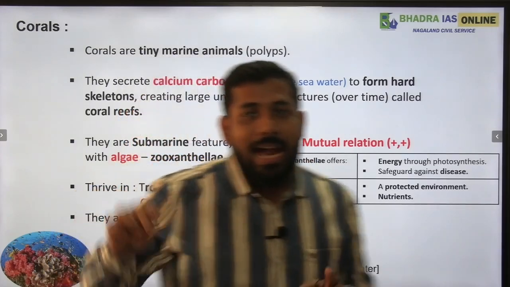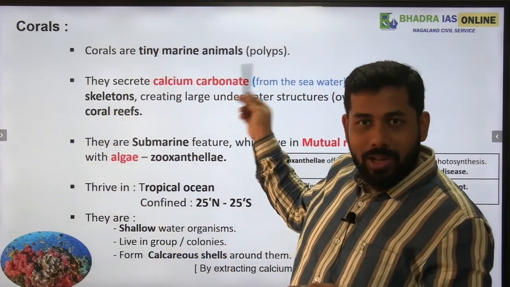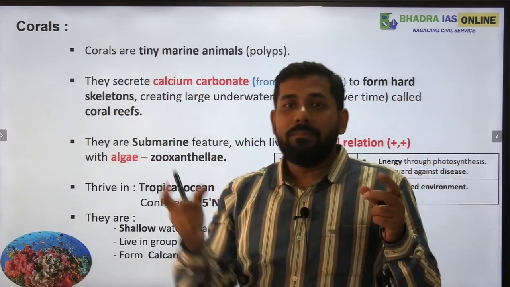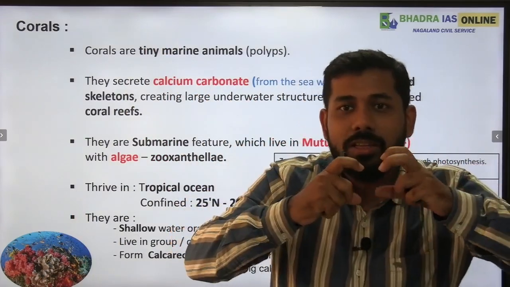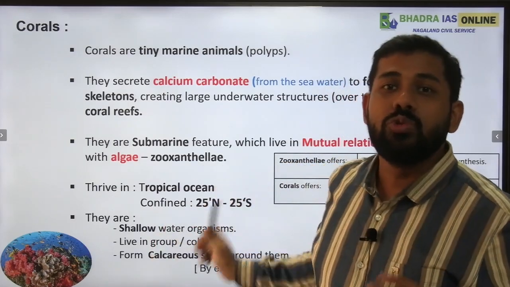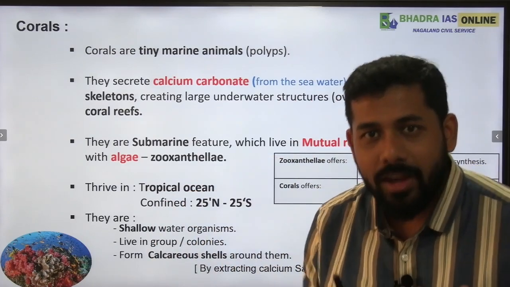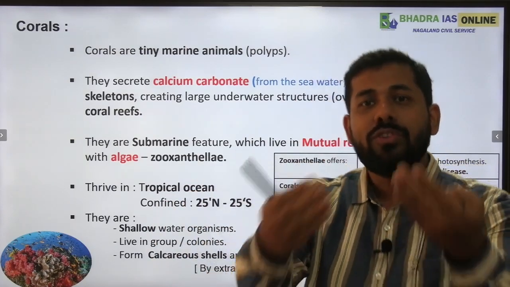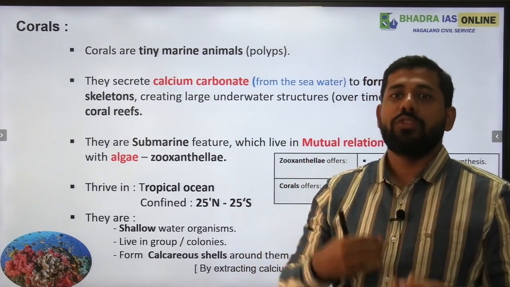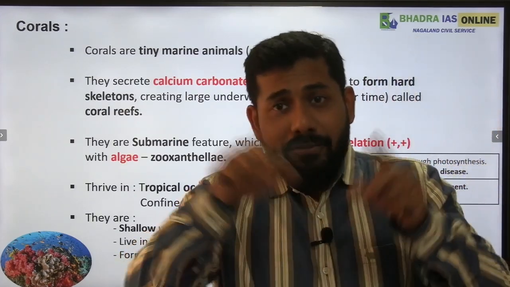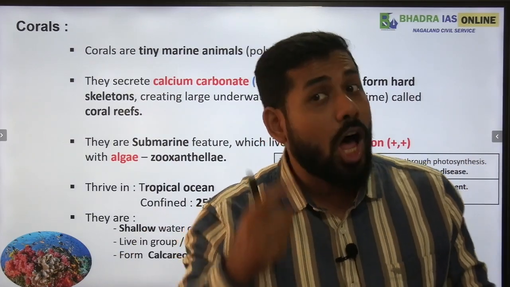These animals, the coral polyps, form a relationship with these algae called zooxanthellae, and that relationship is a mutual relationship where you are getting benefited and I am also getting benefited. For example, if I am making this lesson for you, how are you getting benefited?